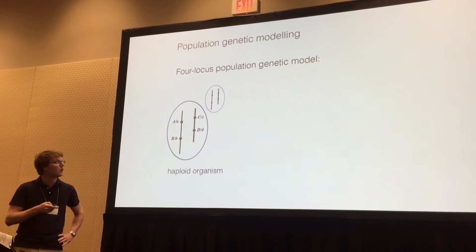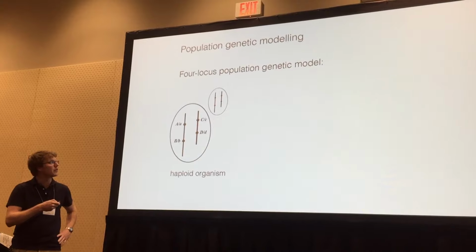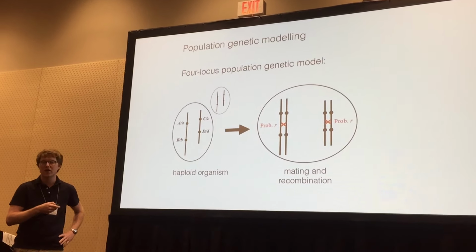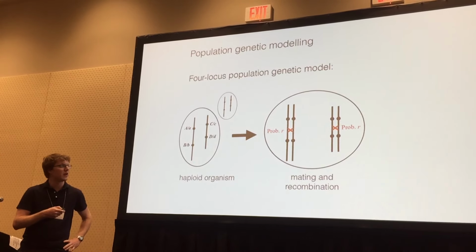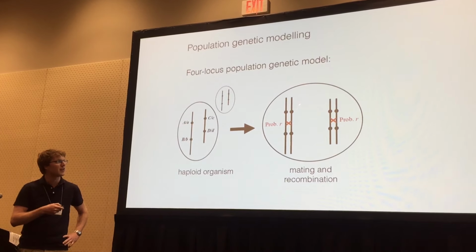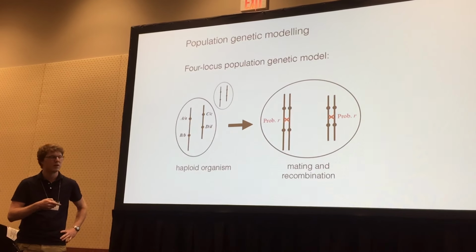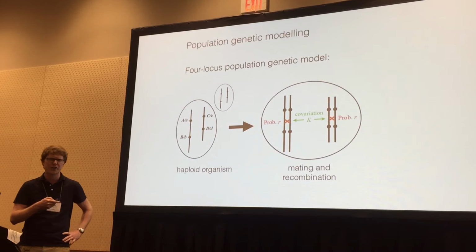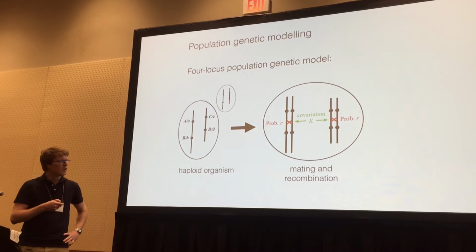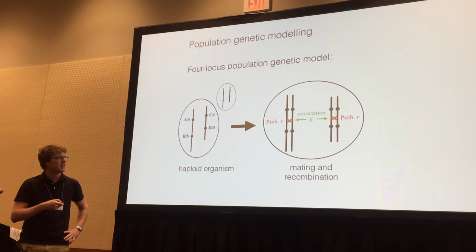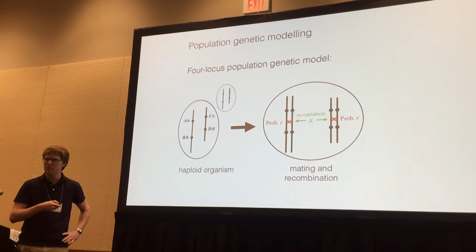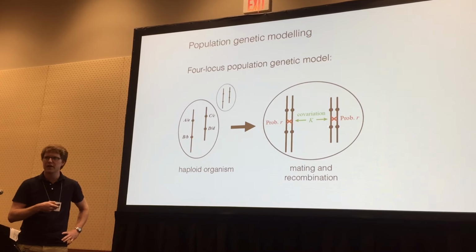Okay, so the life cycle of the organism is that these 2 haploid individuals mate to form a transient diploid stage in which a meiosis occurs. In that meiosis, there can be recombination on either chromosome. And we're going to include this covariation factor K. So when K is large, it is the case that if there's a crossover on the one chromosome, there's likely to be a crossover on the other chromosome.